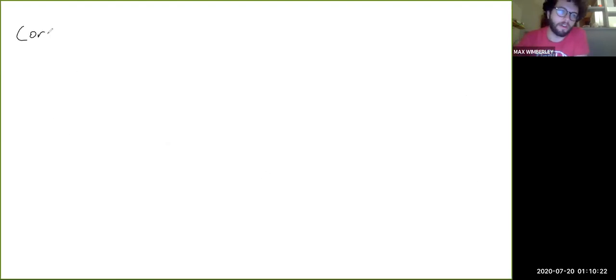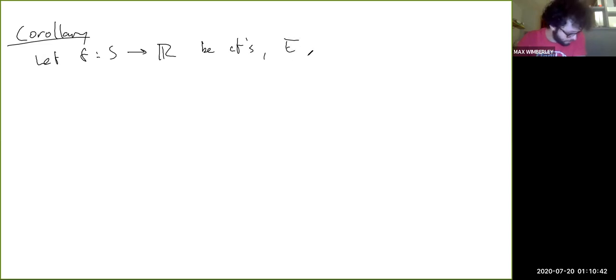So as a corollary, right? Let F be a continuous function from a metric space to the real line, E connected.